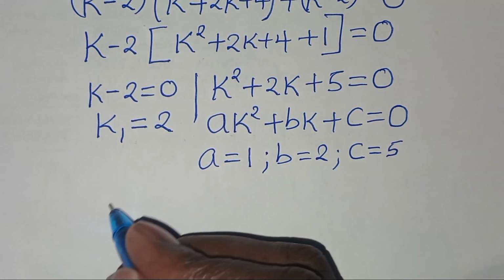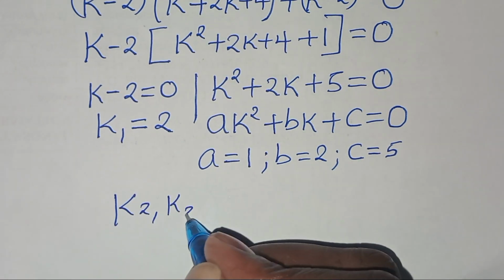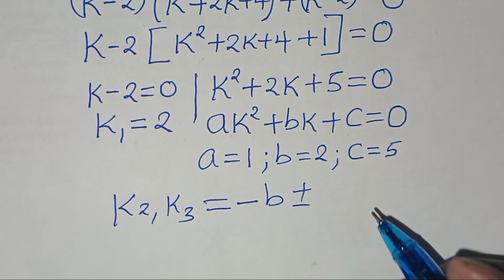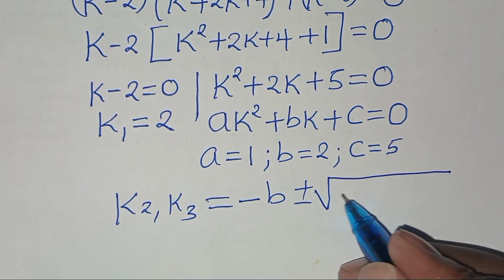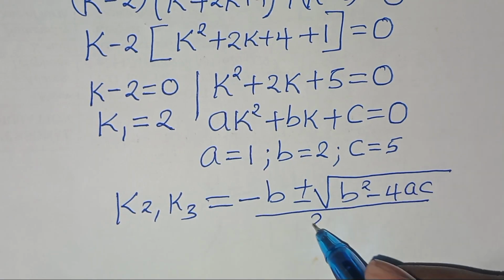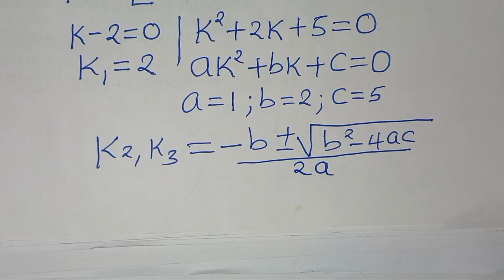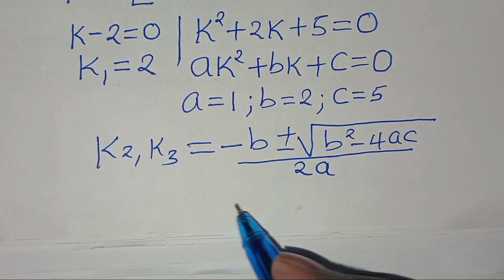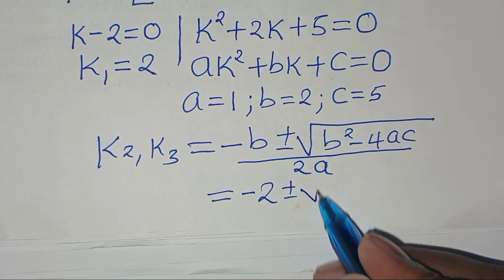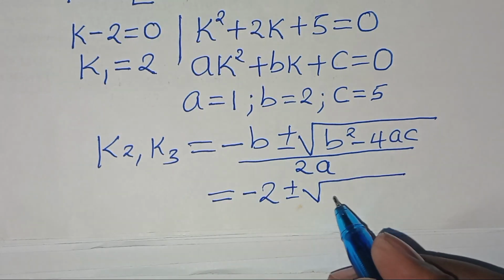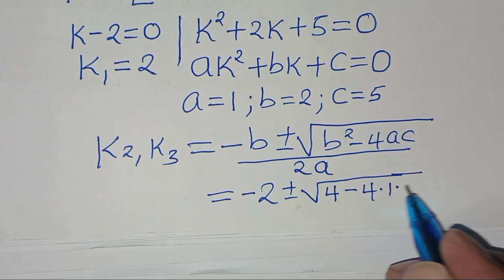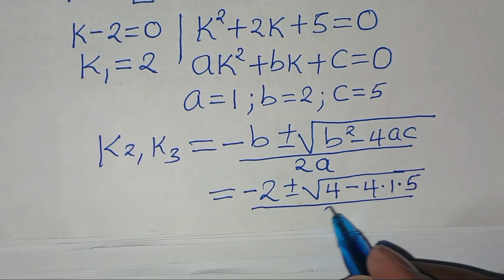To solve for k2 and k3, we introduce the quadratic formula, which is minus b plus or minus the square root of b squared minus 4ac, all divided by 2 times a. Let's substitute the values of a, b, and c. We have minus 2 plus or minus the square root of 2 squared, which is 4, subtract 4 times 1 times 5, all divided by 2.